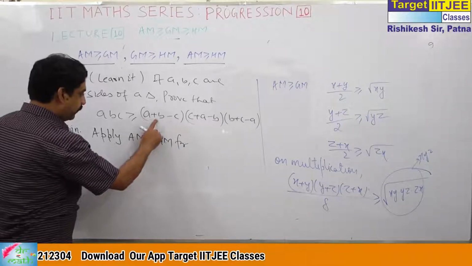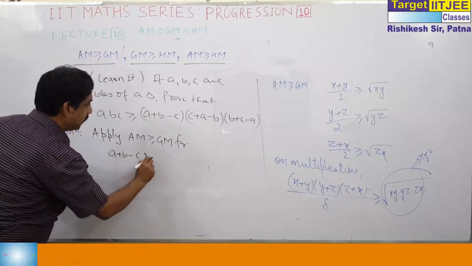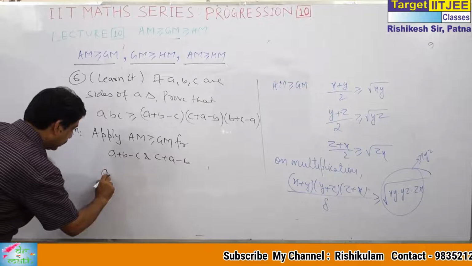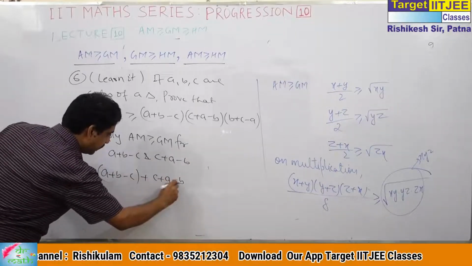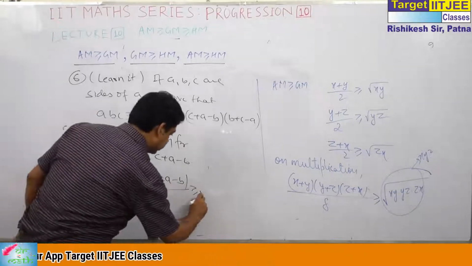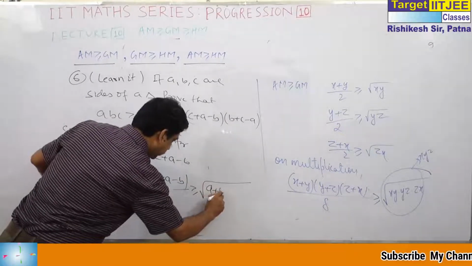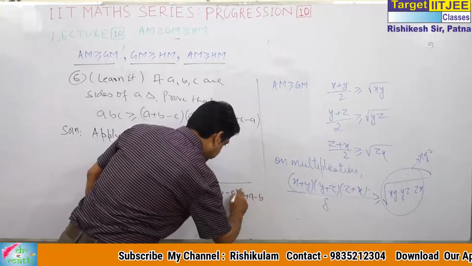First of all, I am applying it for these two: A plus B minus C and C plus A minus B. This is (A plus B minus C plus C plus A minus B) divided by 2, greater than or equal to the root of (A plus B minus C) into (C plus A minus B).